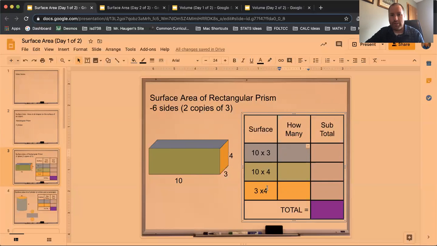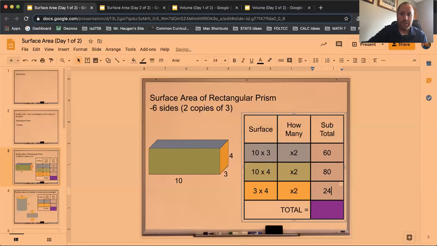And now there are 2 surfaces here, so I have to make sure to double each of these because there's 2 of each of those surfaces. And so then here are my subtotals. Of the blue ones, it's 10 times 3, which is 30, but there are 2 of those surfaces. So those 2 surfaces together are worth 60, and so on here. This would be 10 times 4 times 2, which is 80, and then here 3 times 4 times 2, which would be 24.